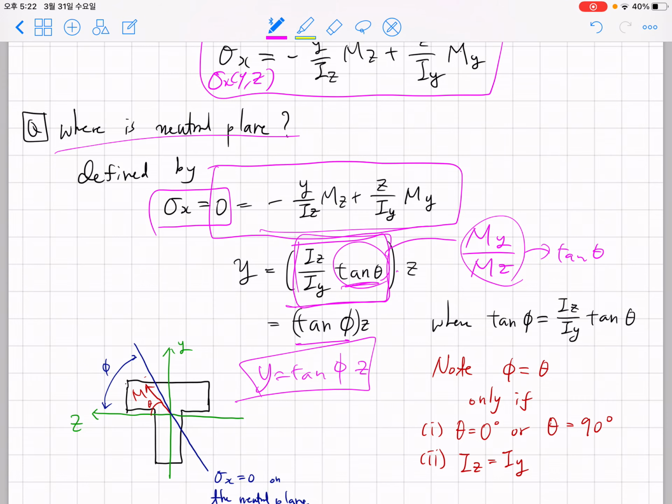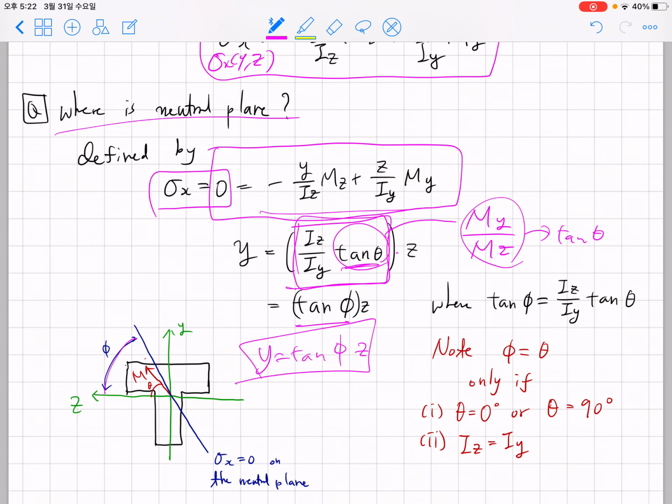From this linear relationship between y and z, you can immediately figure out that this is the angle between the horizontal axis and the neutral axis, or sigma x equals 0 position, the neutral plane, and you can identify that this is the angle between the neutral plane and the horizontal plane. Okay, so this is quite interesting.